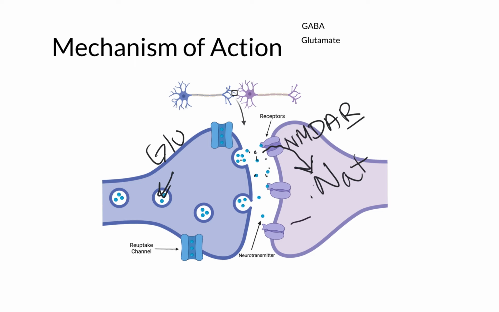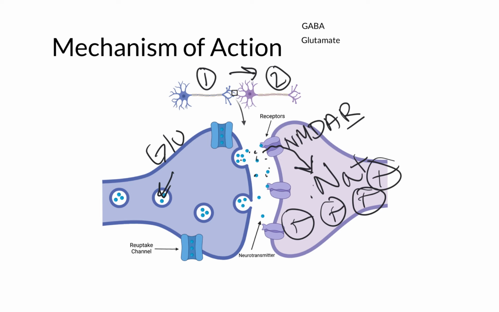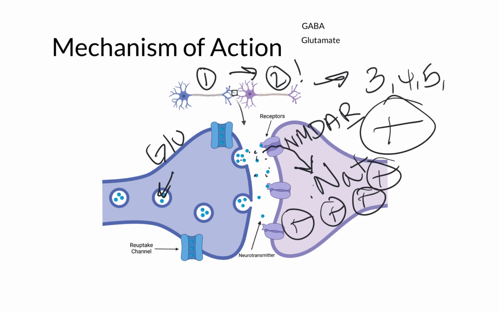Because it's a positive charge, it's going to drive up the charge of this second neuron so that it's going to do things. So neuron 1 will turn on neuron 2 so that it can continue signaling to neuron 3, 4, 5, up to a billion. So glutamate turns on your body systems in your brain, and GABA turns off systems.